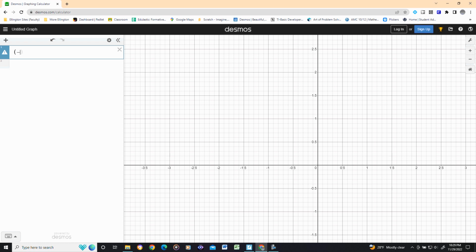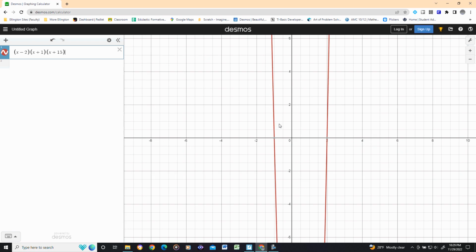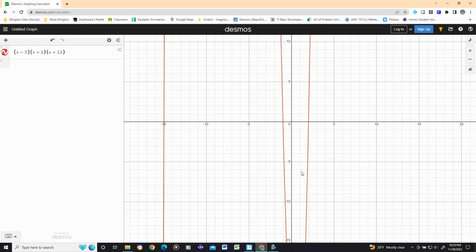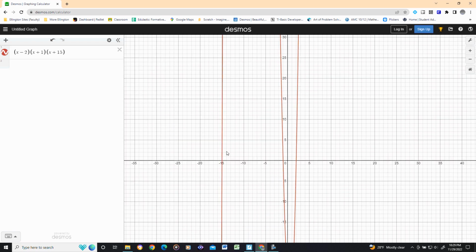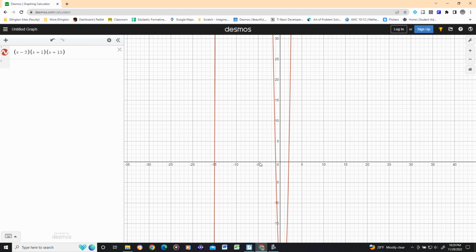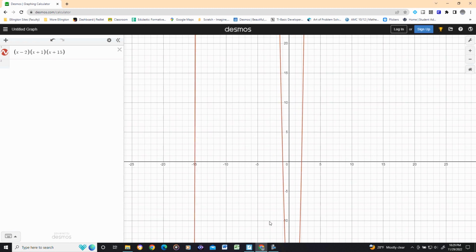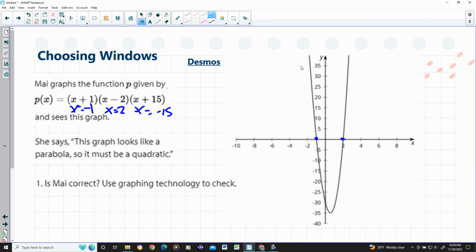X minus 2, x plus 1, x plus 15. Okay, and at first, yeah, it definitely looks like a parabola, right? Because it's going all the way down. But oh, look at that. There's another line way over here. Okay, so the line does come down through 15 again. We just didn't spot it before because of how the axis is scaled.